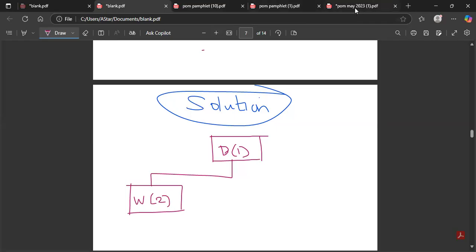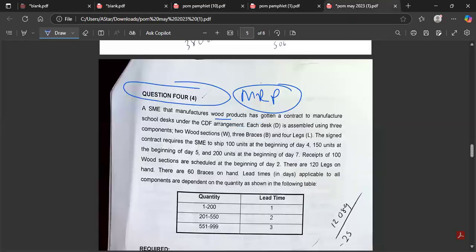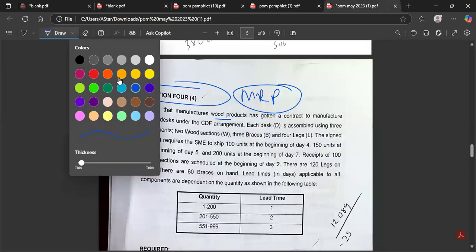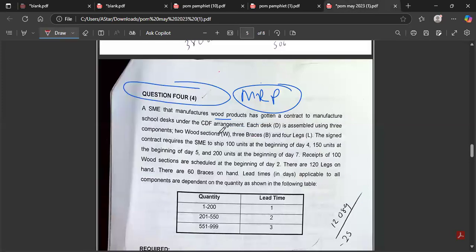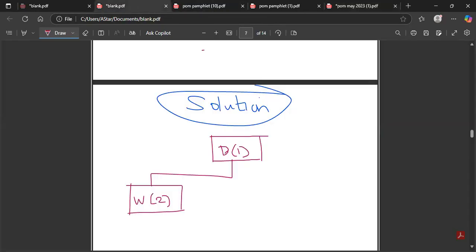Then what else? Braces. So that's one: three braces. That one is very simple for you to come up with the structure, 5 marks. So the braces here, B, 3. And then what else?